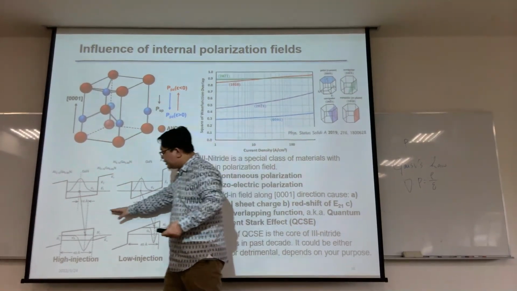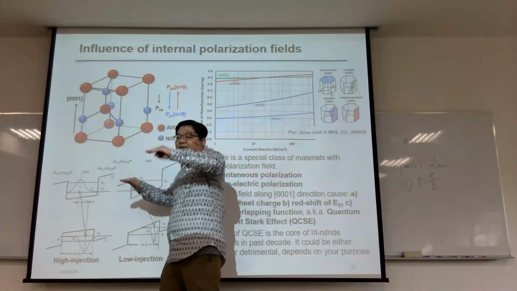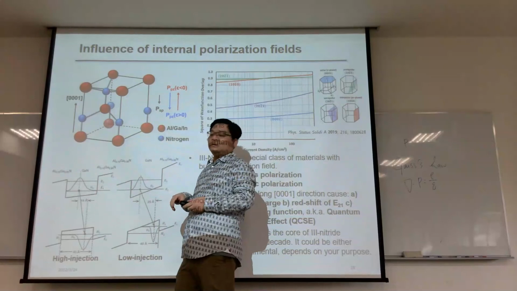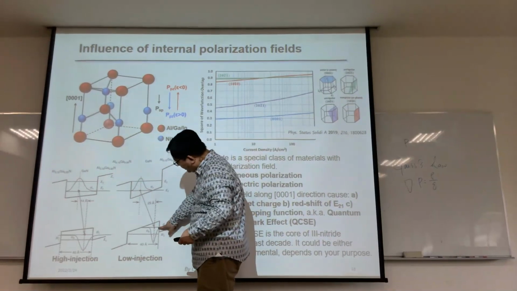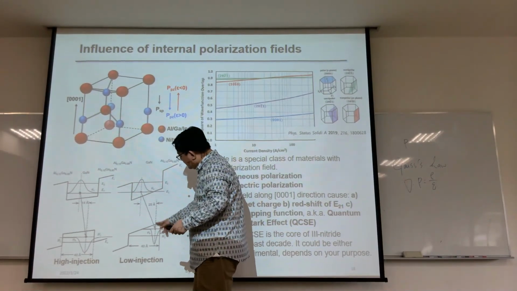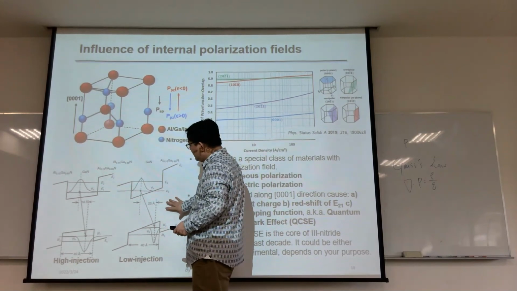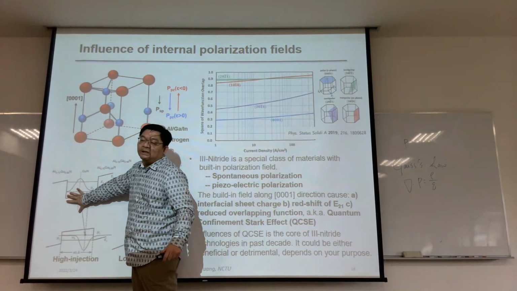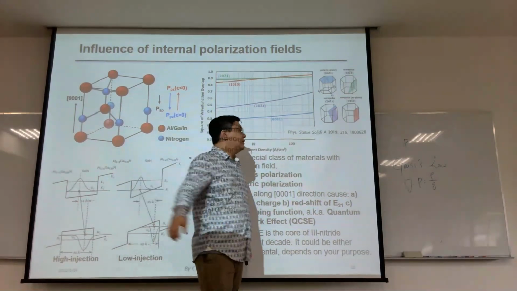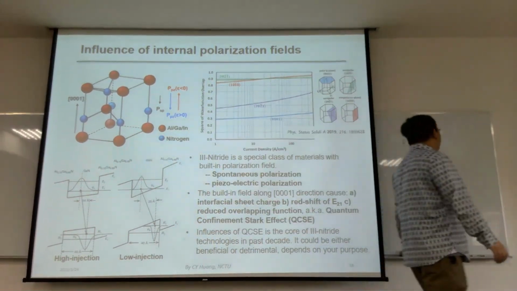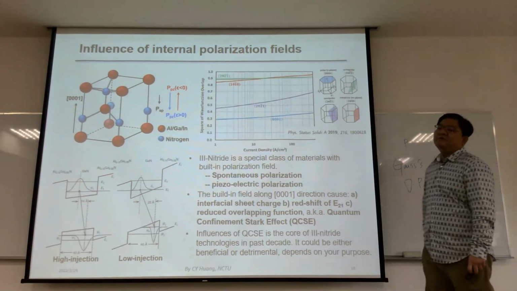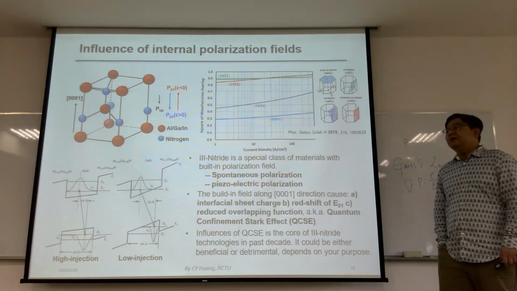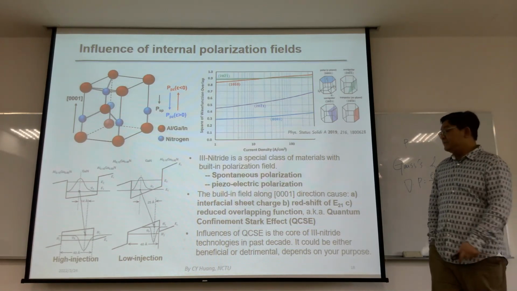But at high injection, because the band structure flattens, it causes a very significant blue shift. The distance between the states will be enlarged because the band diagram becomes symmetric after injection. So that will give you a very significant shift of your EL spectrum with carrier density.